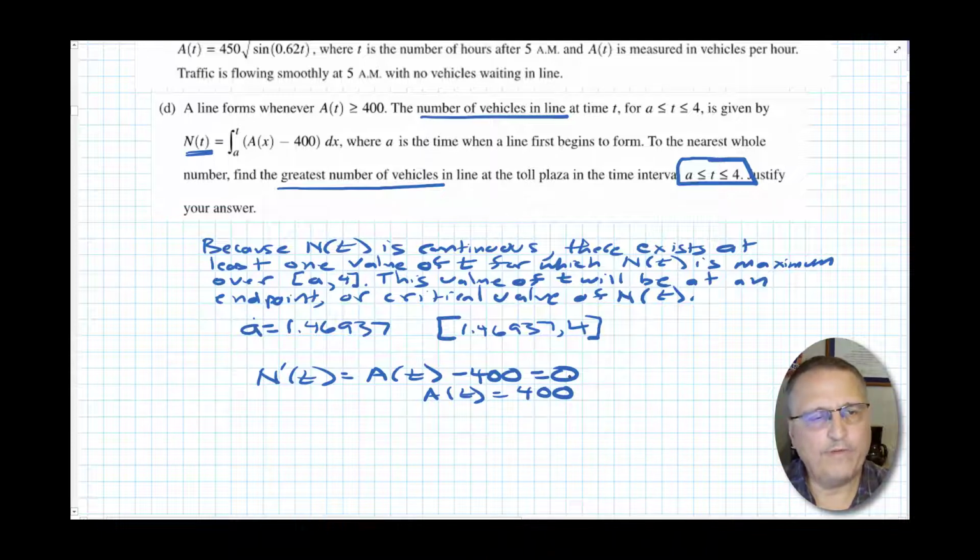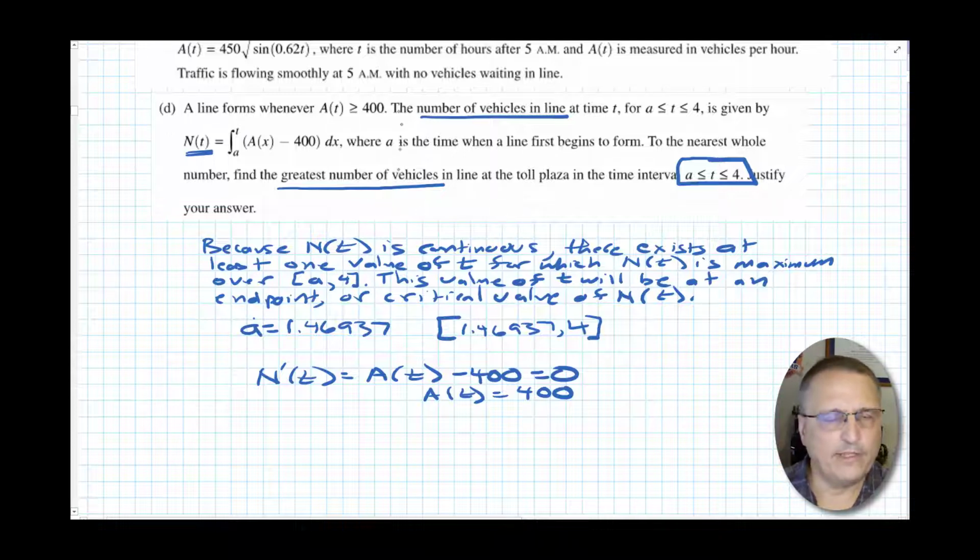When I take the derivative of n of t, remember that using the fundamental theorem of calculus, we are just going to be replacing the upper limit of my integral, t, in for the variable x, and then that will become my derivative. Because when I take the derivative of an integral, they just reverse each other. They are inverse operations.